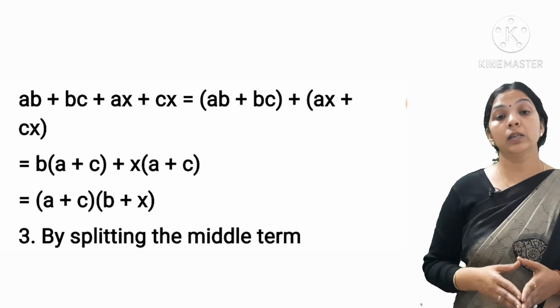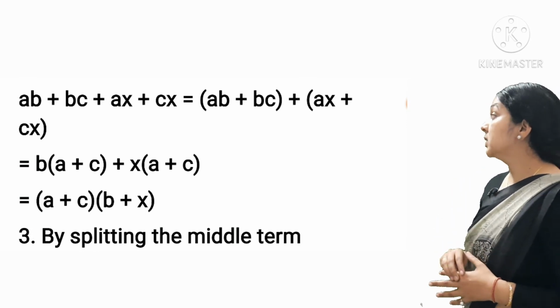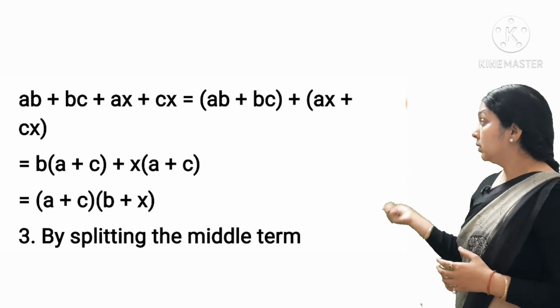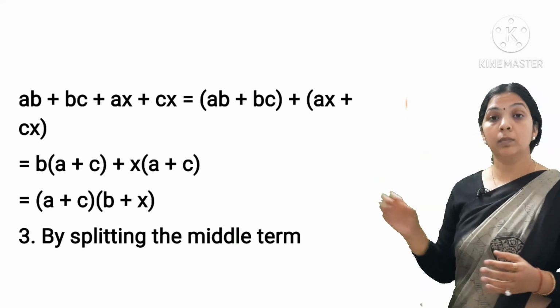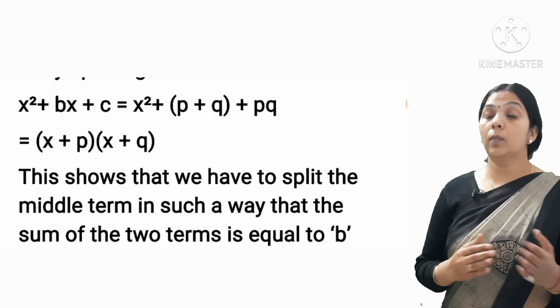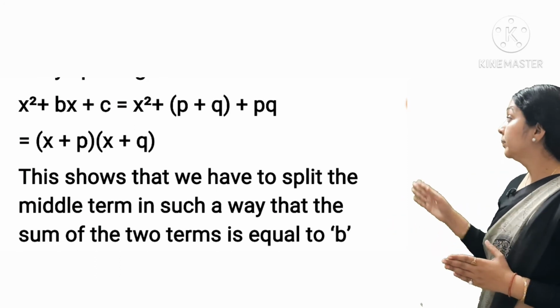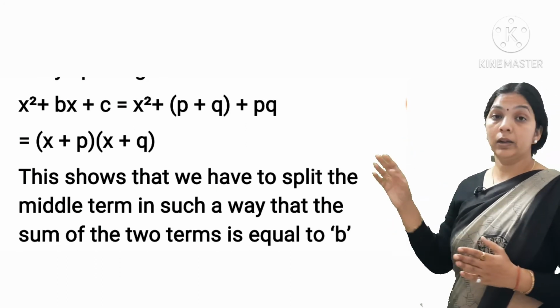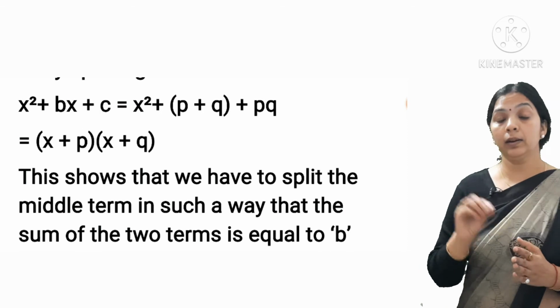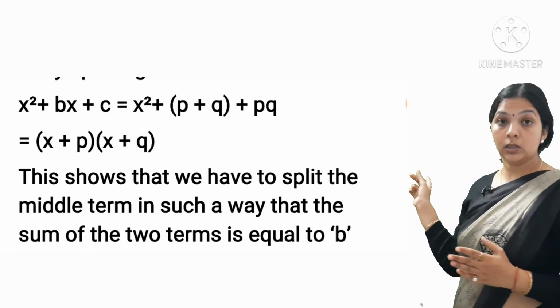The third method is by splitting the middle term. Splitting the middle term means we write the middle term in such a way that we are able to take common factors from both the terms. Suppose we are able to write b as two numbers p and q such that if we multiply them, it results in c.